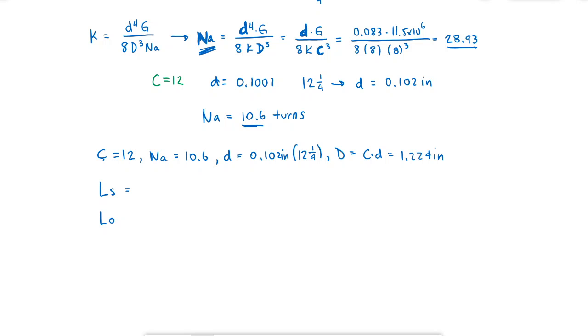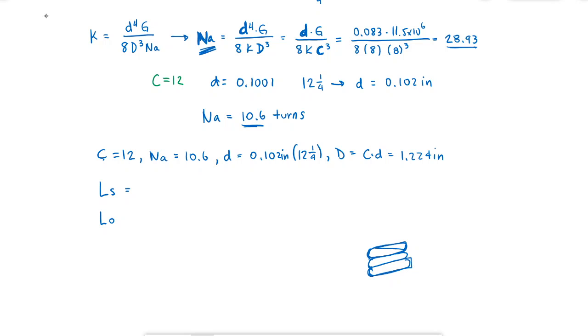So the solid length would be the length when it's fully compressed. I can use the table that I showed in class, but this is pretty easy. When it's fully compressed, it's going to be the number of coils, 1, 2, 3, times the diameter, plus one more diameter.